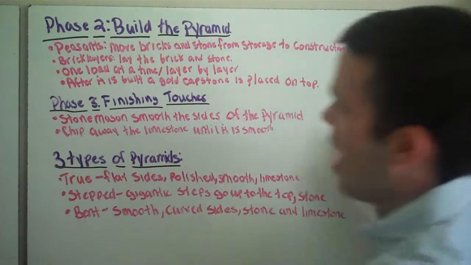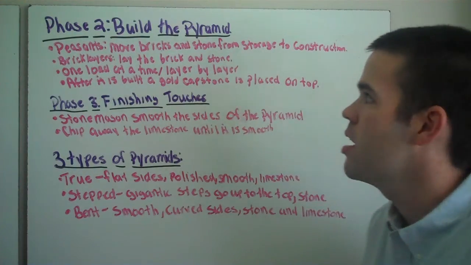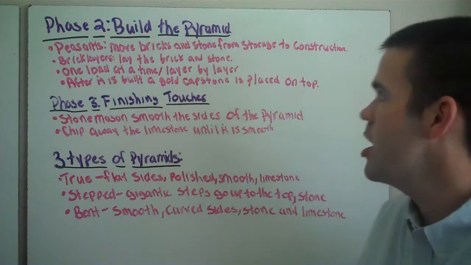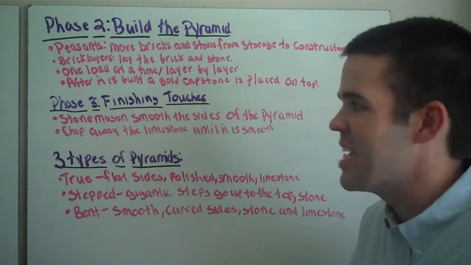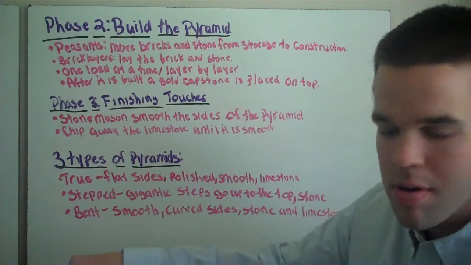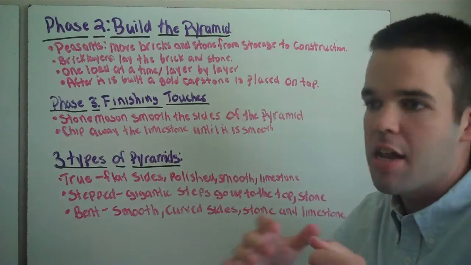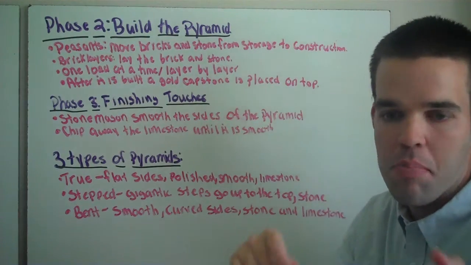The second step, after they have leveled the site, is the building of the pyramid. Peasants move bricks and stones from a storage area to a construction area. What that process basically means is you have to take a lot of rope, put it underneath the stone or the brick, then 20 peasants have to begin the pulling process.